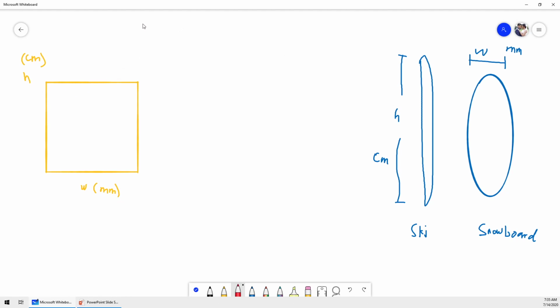In plotting our data, let's use a positive to represent a ski, and a negative to represent a snowboard. Since snowboards have wider widths compared to skis, but they are shorter in height, we would expect to see them around this area here.